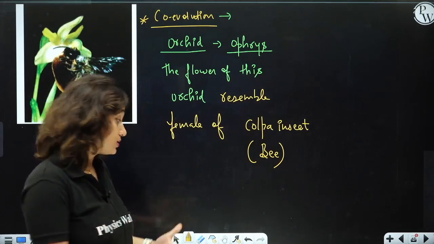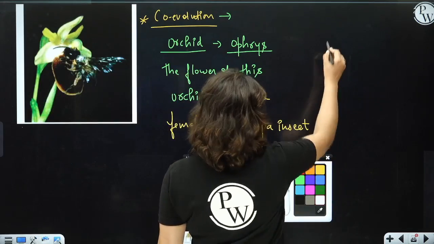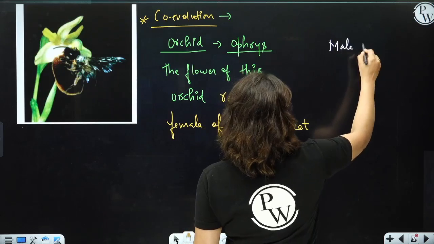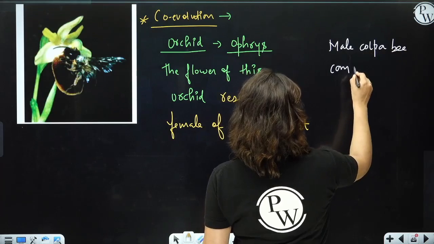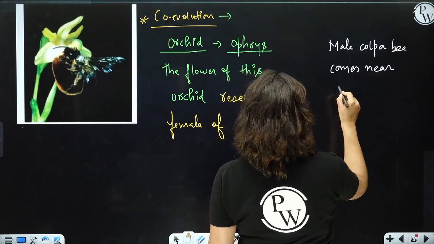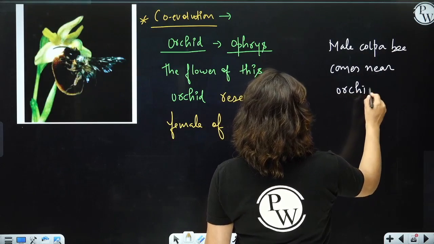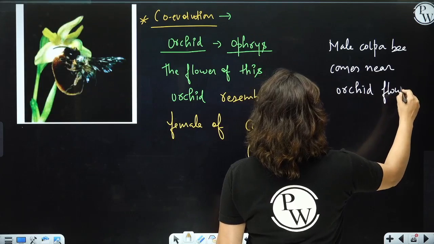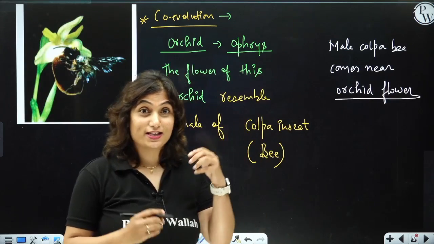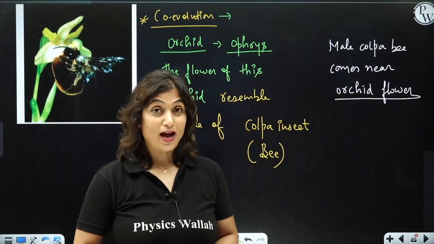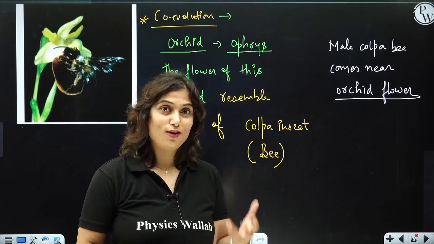So what happens? The male Colpa bee comes near the orchid flower, thinking that this flower is its female, but that is not the female Colpa, that is the flower of the orchid.